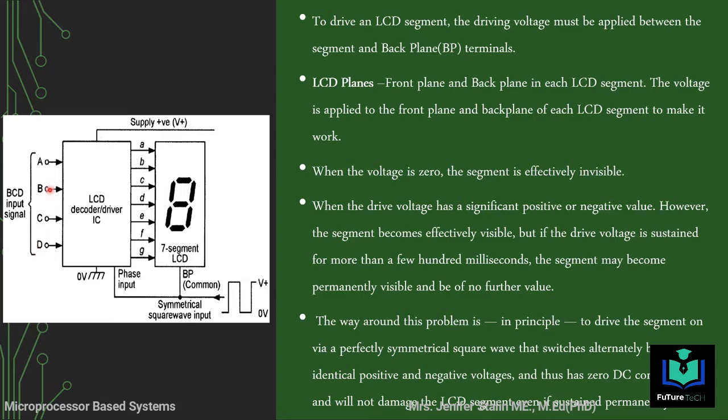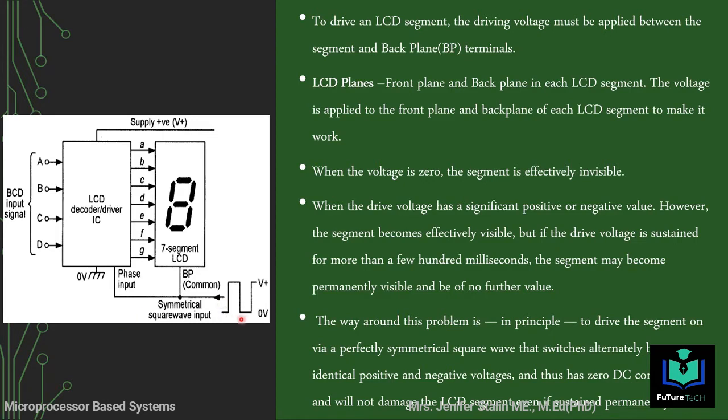Now the inputs are connected like this. The output depends upon the segments A, B, C, D, E, F as well as G, which is given to the 7-segment LCD. And also it works with voltages.